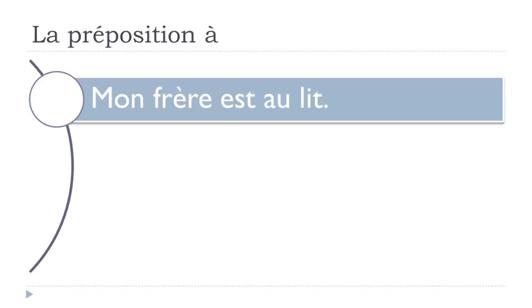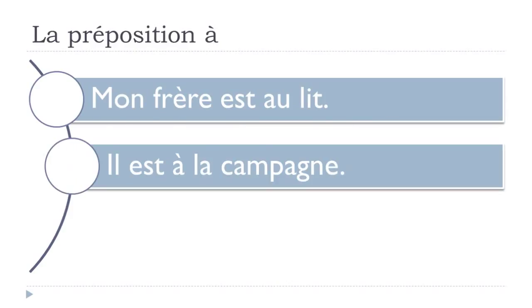So the first one, mon frère est au lit. Okay, mon frère, my brother, is au lit, in bed. Lit is bed. Mon frère est au lit. Second example, il est à la campagne. Campagne, country, countryside, okay? Il est à la campagne.